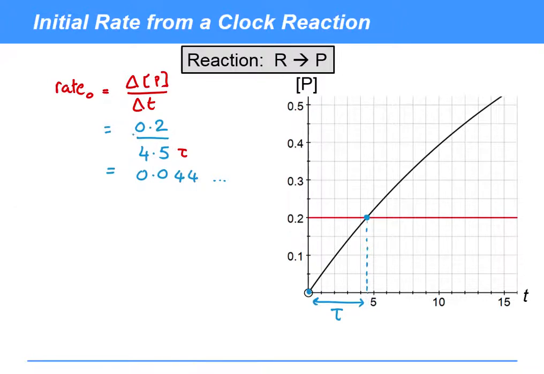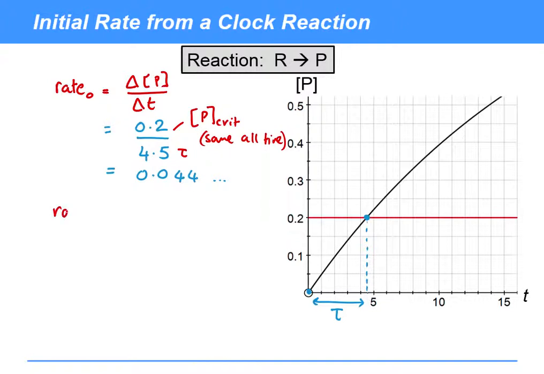But in actual fact, it doesn't matter, because as long as this is the same every time, because you only need that much product to become visible. And so if all we're going to be doing is comparing initial rates under different conditions, it actually doesn't matter what this is.